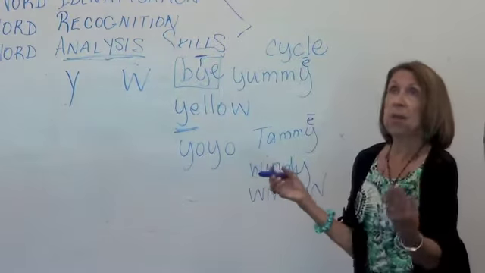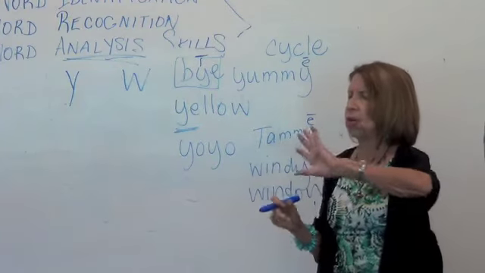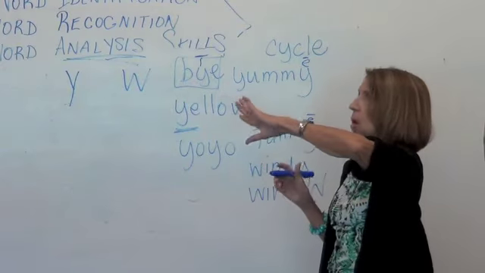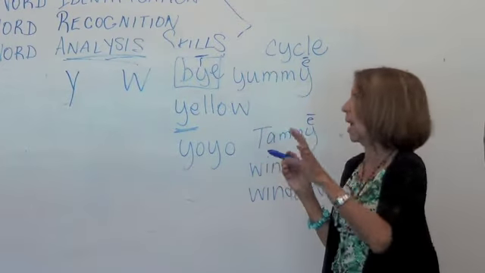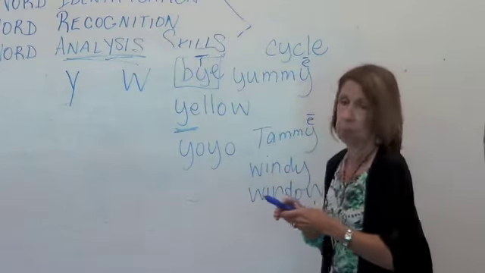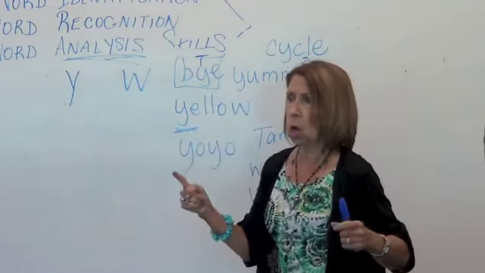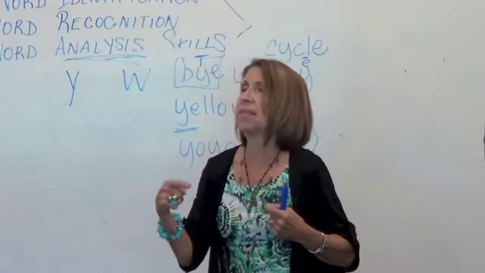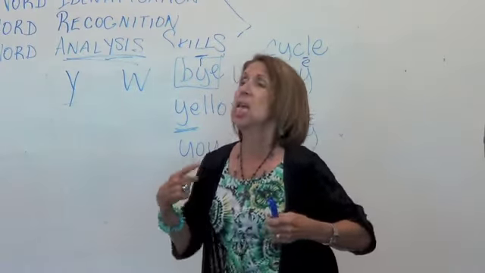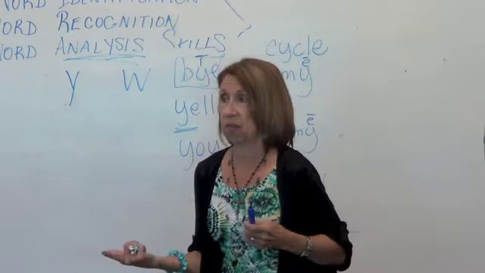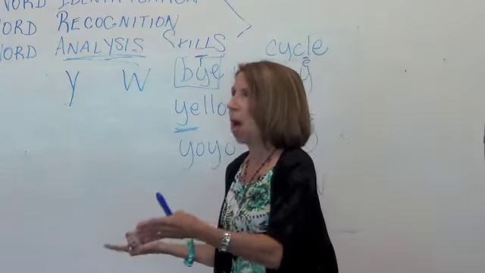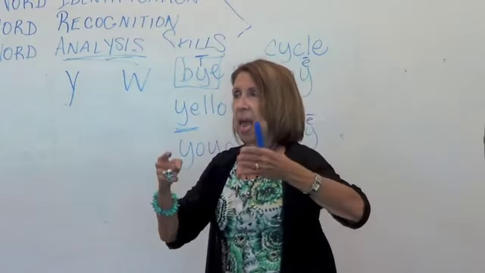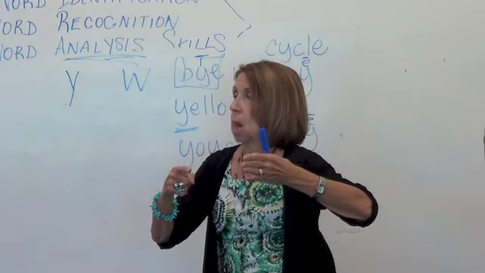So, what can our rule be then if we're doing analytic phonics, analyzing here? When Y is at the beginning of a word, it usually has the consonant sound. It sounds like yeah, like yellow and yes. But when Y is in the middle or the end of a word, it can have a vowel sound. What vowel sound?